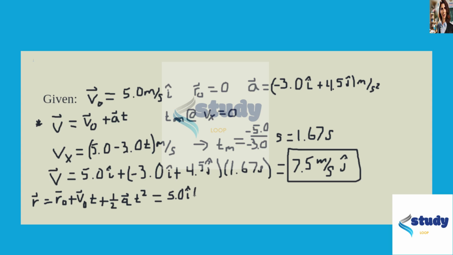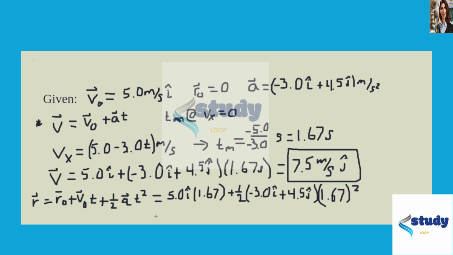And then you're going to multiply that by t, but t is 1.67, so 1.67, okay, plus 1/2 multiplied by a, once again, which is minus 3.0 i hat plus 4.5 j hat, okay, and then that is going to be multiplied by the square of t, which is 1.67. Time was 1.67 for t max squared.